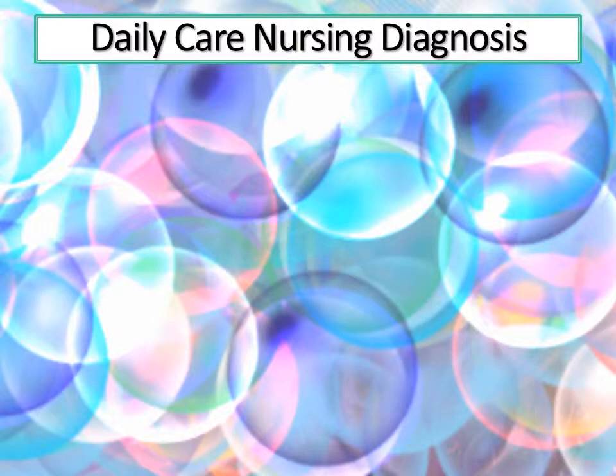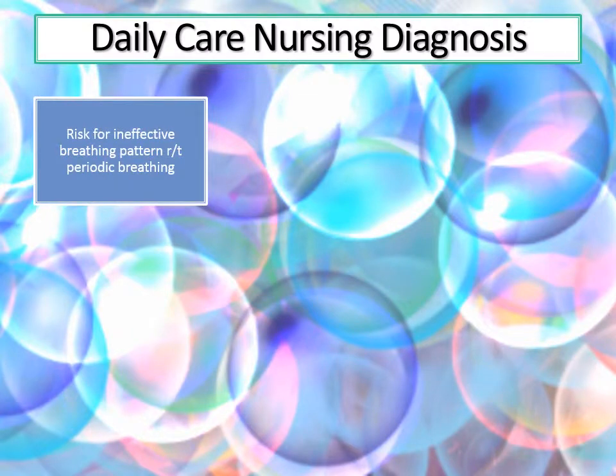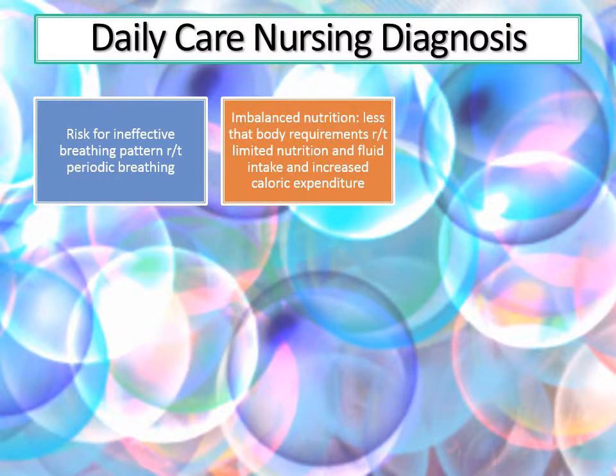Okay, so we're going to look at daily care nursing diagnoses. There's risk for ineffective breathing pattern related to periodic breathing. Imbalanced nutrition, less than body requirements, related to limited nutrition and fluid intake and increased caloric expenditure.